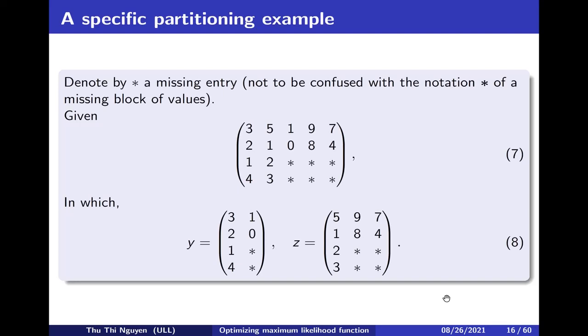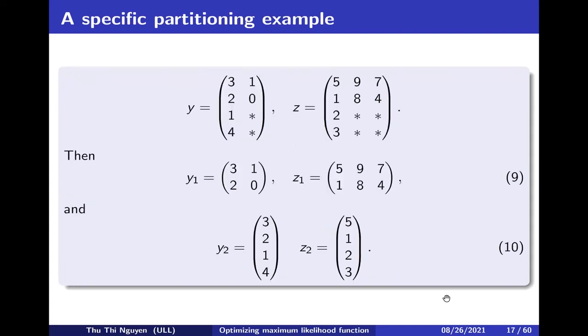As a specific partitioning example, suppose that we have a dataset in equation 7 where Y and Z are as given in equation 8. Then we can partition Y into Y1, Y2, and Z into Z1 and Z2 as in equations 9 and 10.